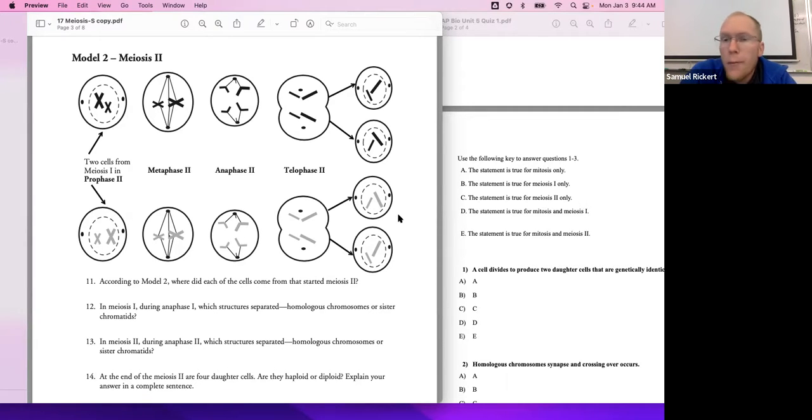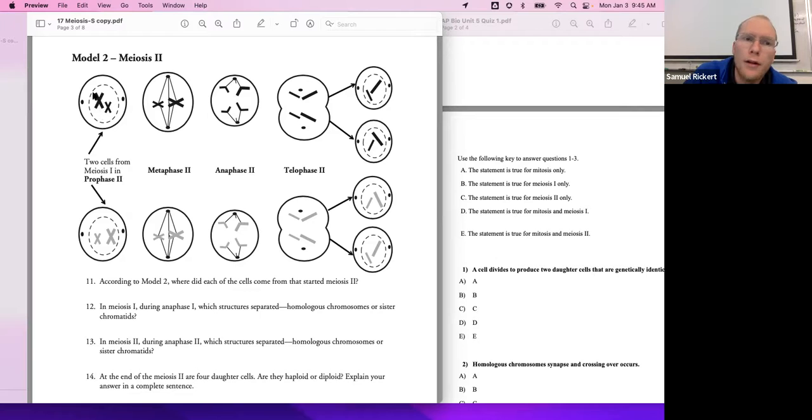So hopefully you have a better understanding of independent assortment, but independent assortment has to do with which chromosomes end up in each gamete. Remember, humans have many chromosomes, and so, even a fruit fly has many chromosomes, but humans having 23 chromosomes, one of the key features of diversity is that if every time the left-sided chromosomes always ended up together and the right-sided chromosomes always ended up together, they weren't independently assorted, then that would be much less diverse.